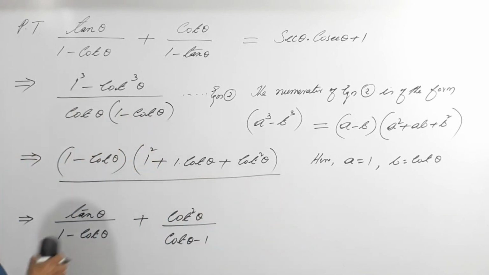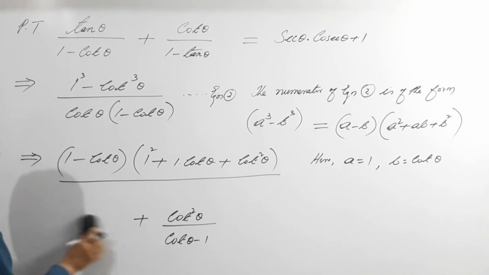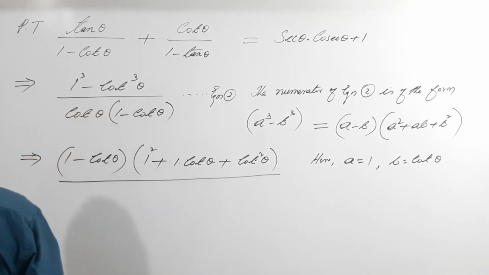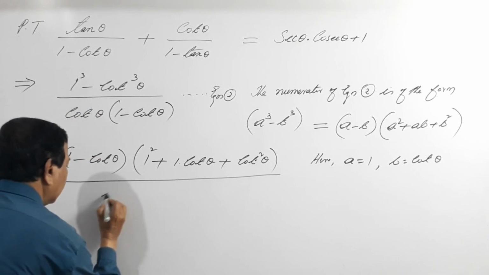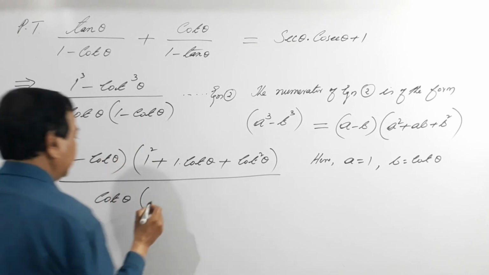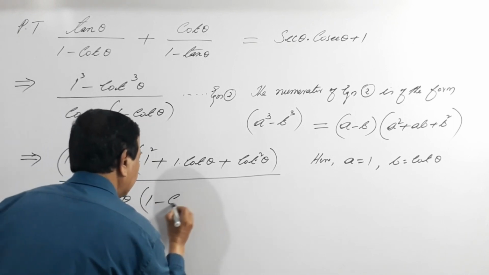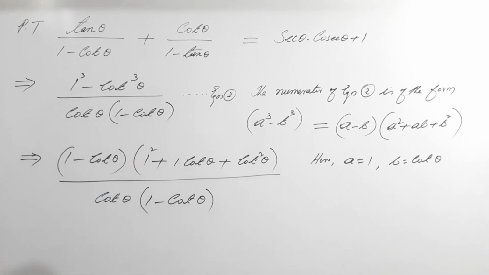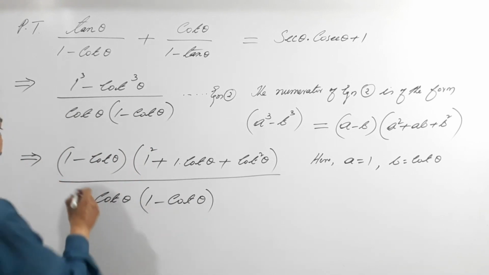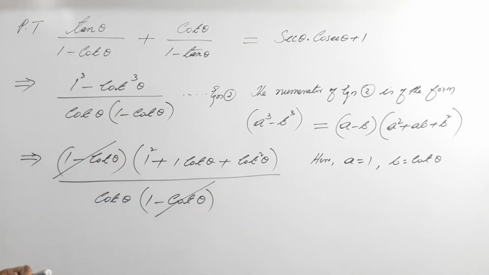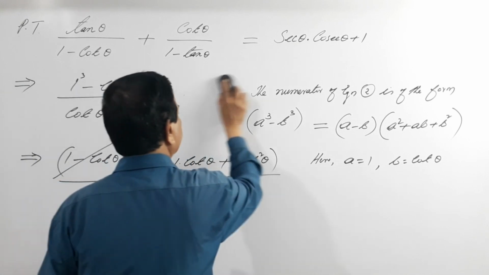Cos square theta divided by cot theta into 1 minus cot theta, the denominator. So what happens here? We have 1 minus cot theta, 1 minus cot theta, I cancel this, done.